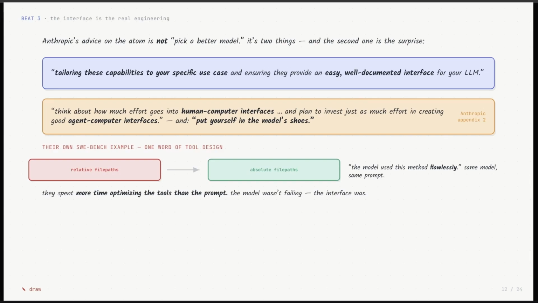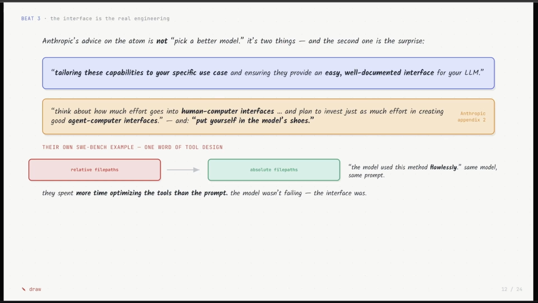So their own example is almost embarrassingly small. They had to build an agent for a software engineering bench, and the model kept making mistakes with tools that used relative paths. Once the agent had moved out of the root directory, of course, problems occurred because they were using relative paths. The fix was not better model or clever prompting, they just changed the tools to always require absolute paths.